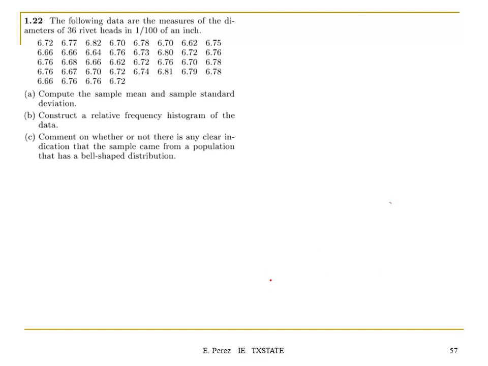Correct. Anyone else know why 6? Correct. So we're going to look at the square root of the number of observations. So for continuous data, how many intervals?